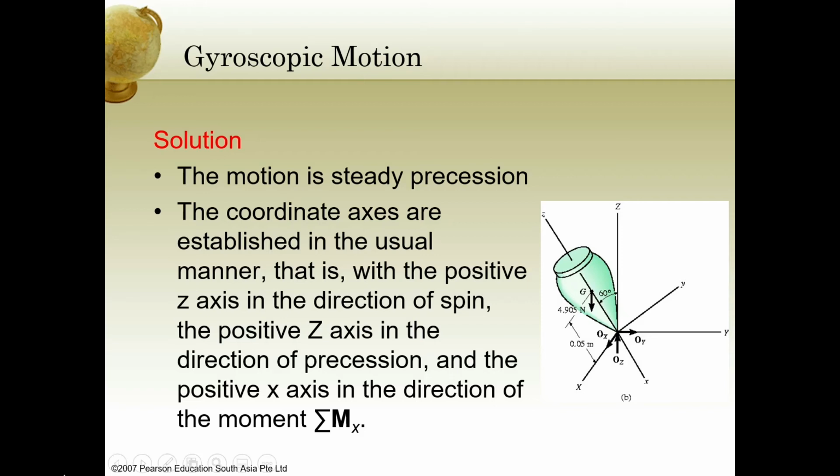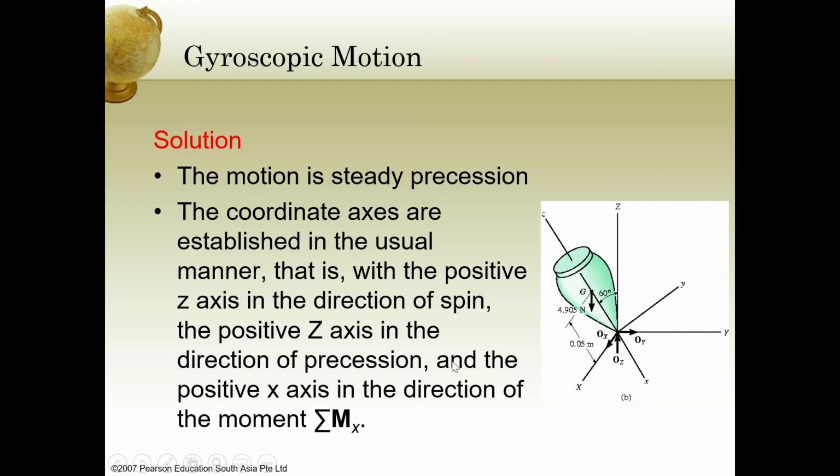Now we continue. The coordinate axes are established in the usual manner, that is with the positive z axis in the direction of spin. So this one is the direction of spin. The positive Z axis is in the direction of precession, so Z axis is the axis of precession, and the positive x axis is in the direction of the moment. So the small x, do not get confused with the big X. Again, the big XYZ is the original position, the Cartesian coordinate, while small xyz is the axis which follows the object orientation.